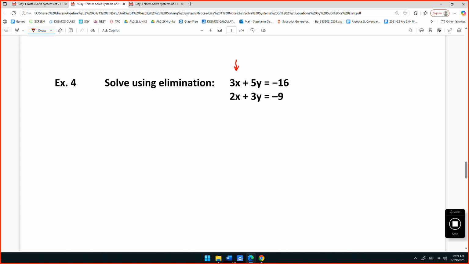So I need to create 6x and negative 6x. And it does not matter which one I choose to be positive or negative. Okay? Let's just say I want this one to be 6. So if I want this one to be 6, then I have to multiply the entire equation by what number? 2. Because that's what's going to make a positive 6x. So over here, I'm just going to multiply everything by 2. So 6x plus 10y equals negative 32.